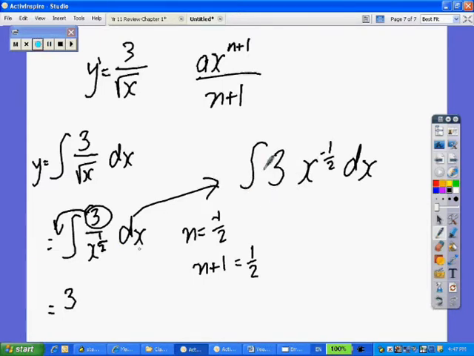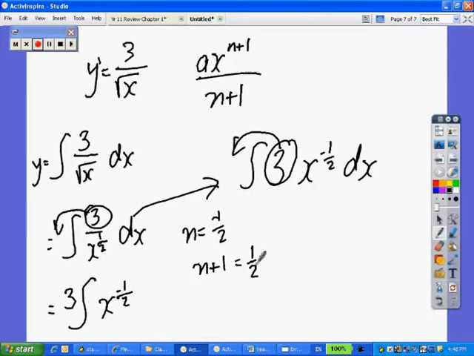So I can bring any coefficient out as a constant, and that's why they've done that here, because I can bring that 3 out front, and then I've got x to the power of negative 1/2.